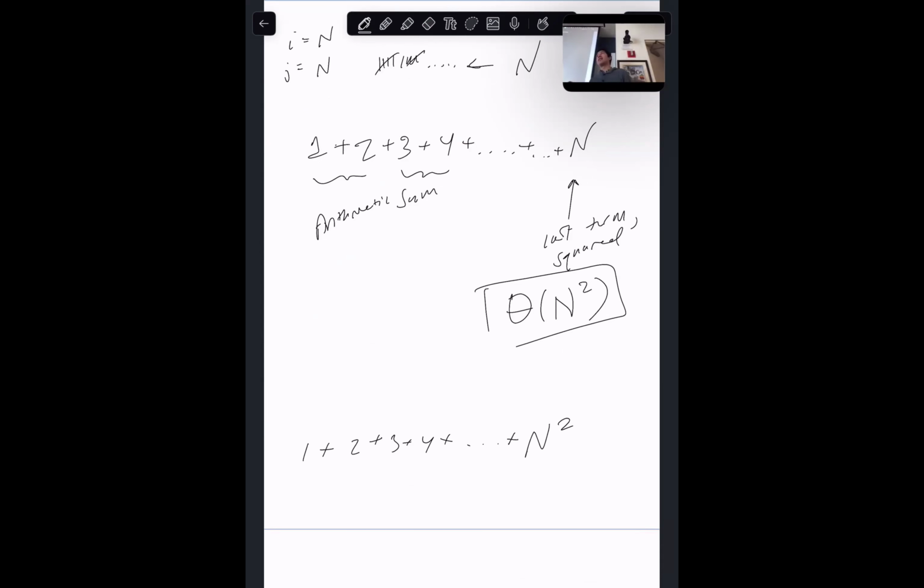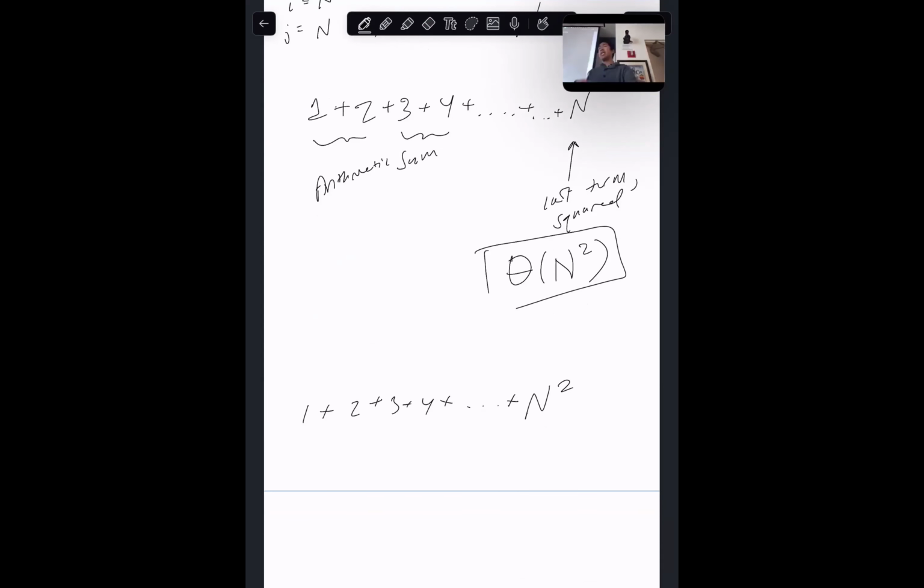If this was the case, if we look at the first elements, we have an arithmetic sum. We can generalize: I know the last term is going to be n squared. Like I said earlier, the sum would be the last term squared, which is n squared squared, so n to the fourth power. So this is how you can approach these sort of problems once you've found out all the work.